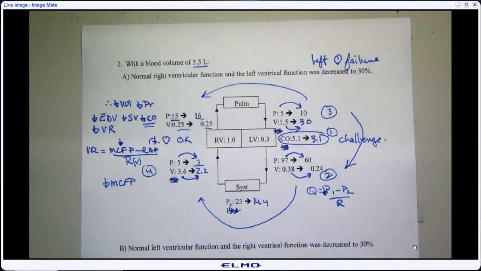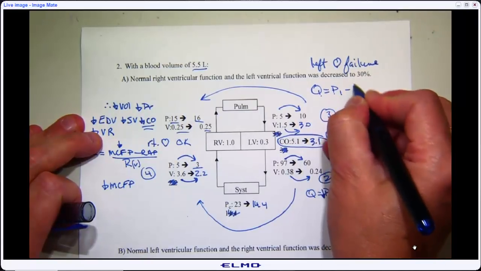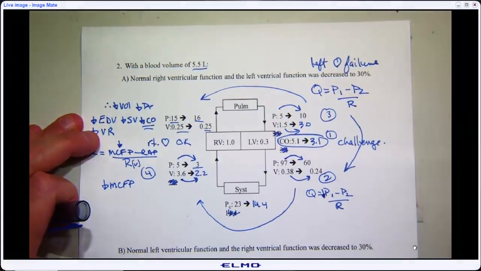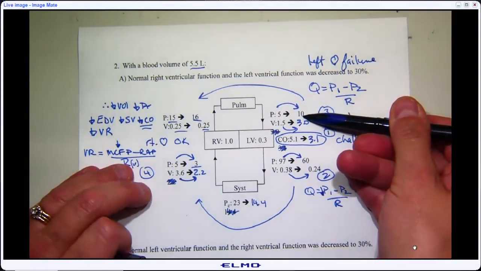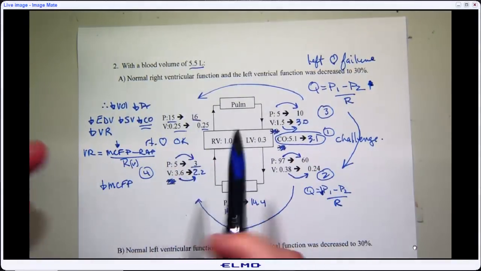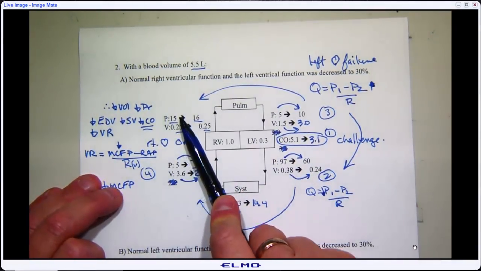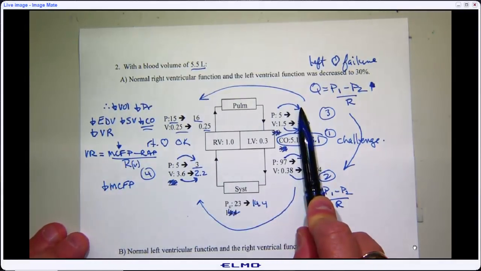Flow across the pulmonary system is based on the pulmonary venous pressure, and pulmonary venous pressure has just gone up. So flow moving from this compartment to this compartment should now be dropped.